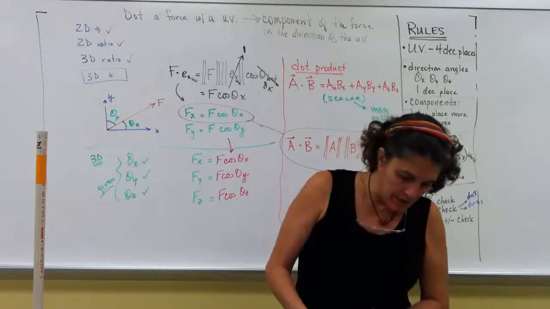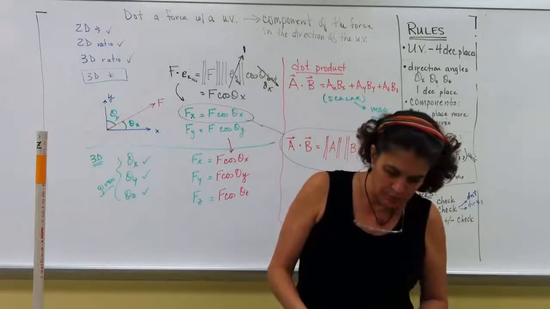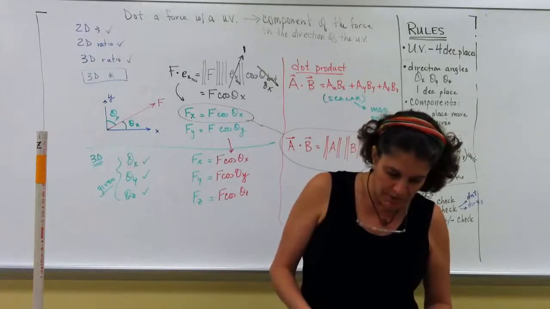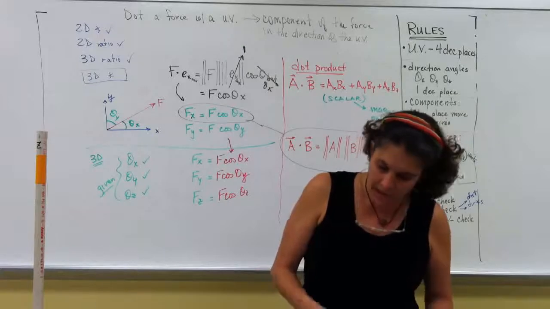I separated it out into different pages so I had more room. But for you guys, I think it's on page 4. So go to page 4 or 5. It is a 3D problem. That's an angle problem.